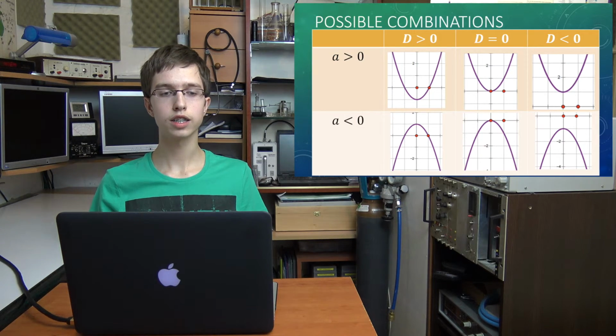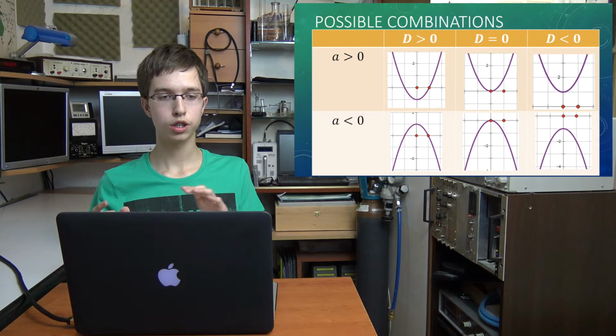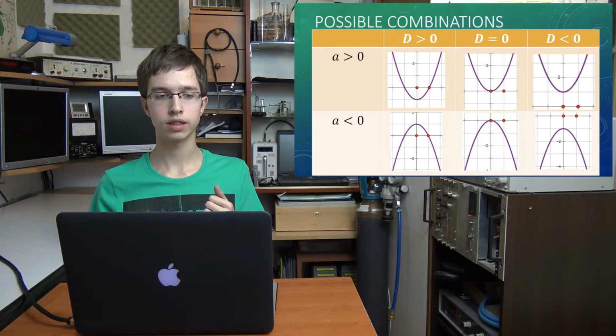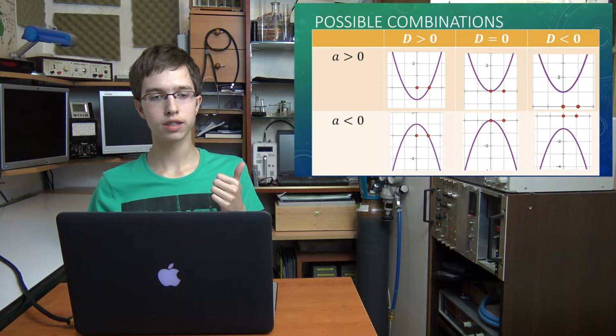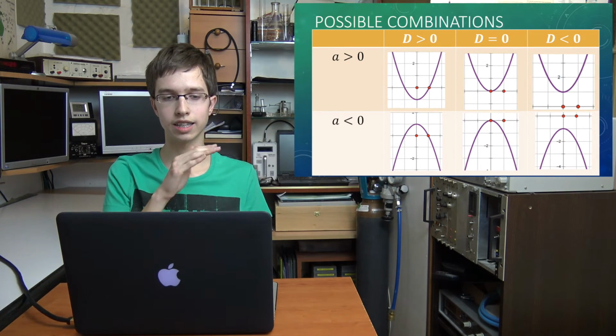And there are 6 possible combinations of a coefficient and discriminant D. We'll only show for this first row when a is greater than 0, and in this first case when discriminant is greater than 0, the parabola intersects the x-axis in 2 points.